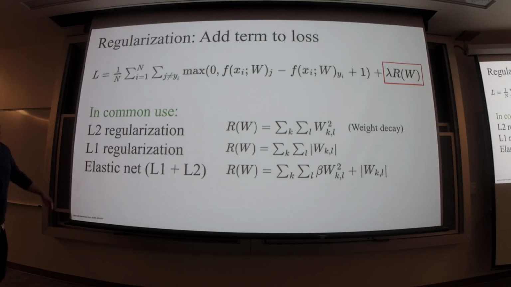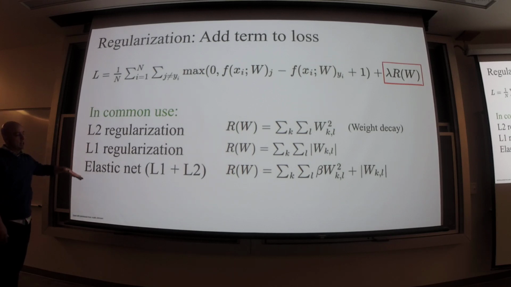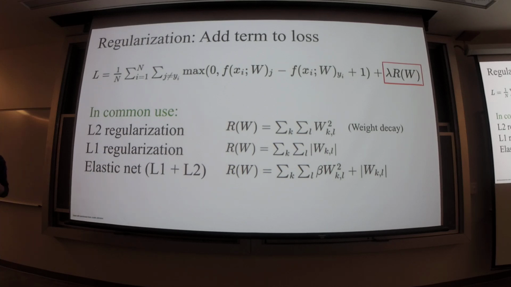So L2 and L1 and the combination of L2 and L1 were all preferences for smaller weights over larger weights. You remember L2 regularization promoted dense, distributed weights, while L1 regularization promoted sparse weights, so lots of zero weights or close to zero weights.